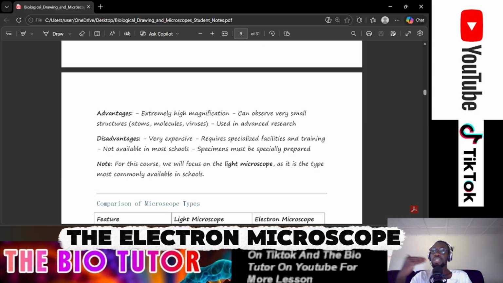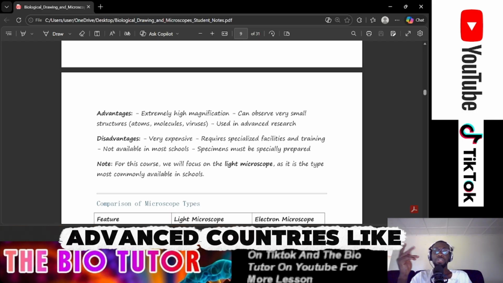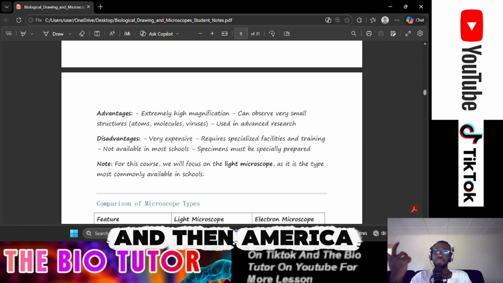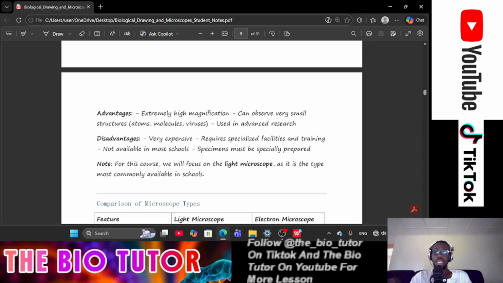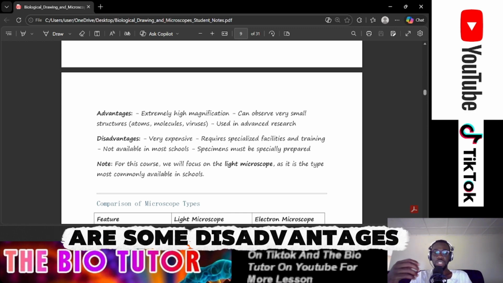So they use the electron microscope. And if you go to advanced countries, like in Europe and America, they use this advanced electron microscope. Okay, and then what are some disadvantages?